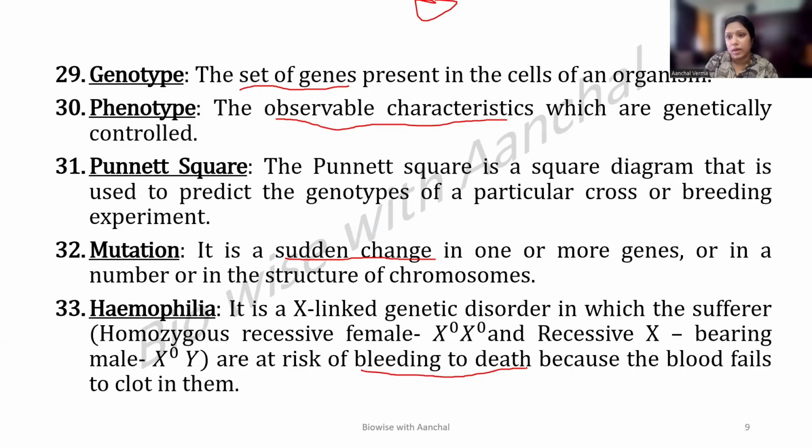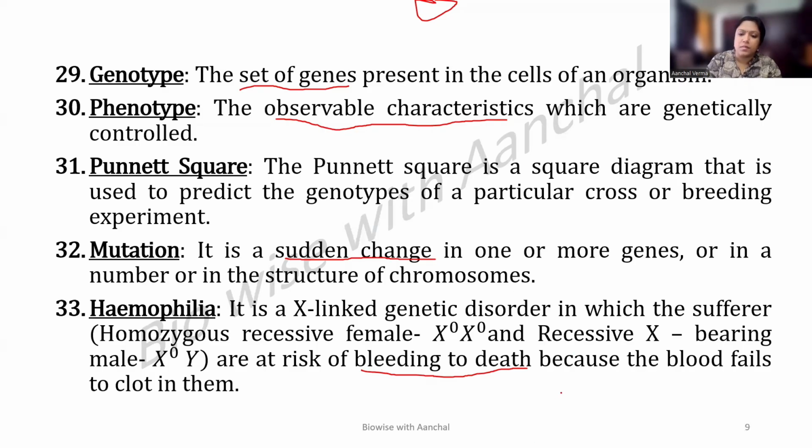Another one is Y. So whatever gene is present on X will be expressed in the males. But in case of female, they have got two X chromosomes. So even if a recessive trait is present on one X, the other dominant one will take over and the disease will not occur. But if the female is homozygous recessive, then she will display the disease.